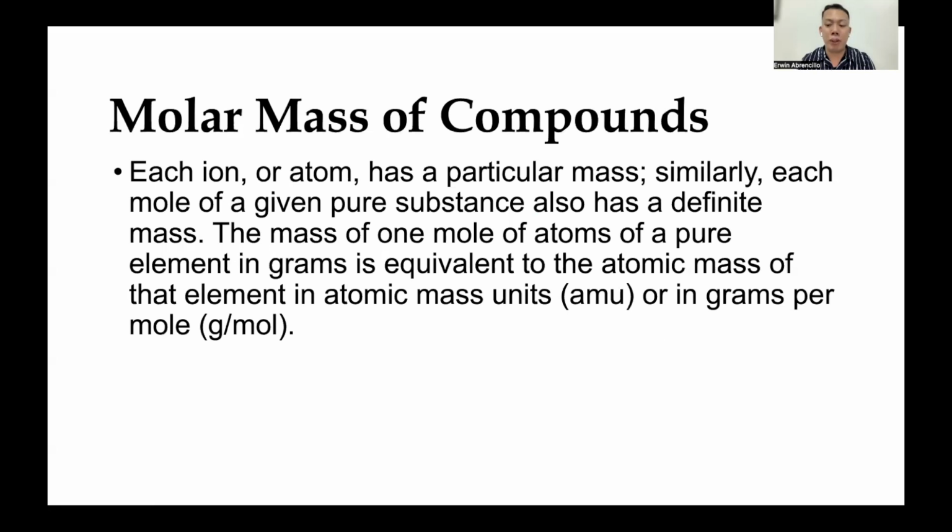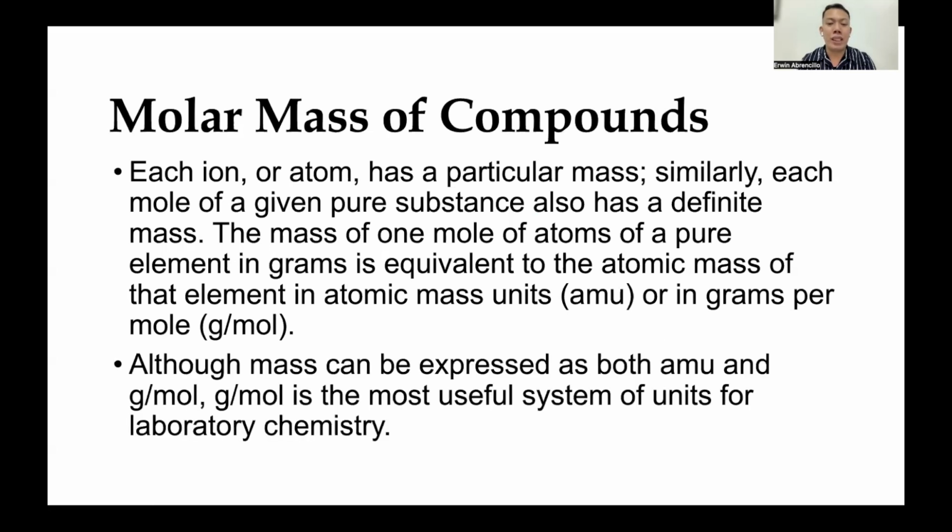Although mass can be expressed as both AMU and gram per mole, gram per mole is the most useful system of units for laboratory chemistry. We can solve other problems in chemistry if we use gram per mole instead of AMU, or atomic mass unit.